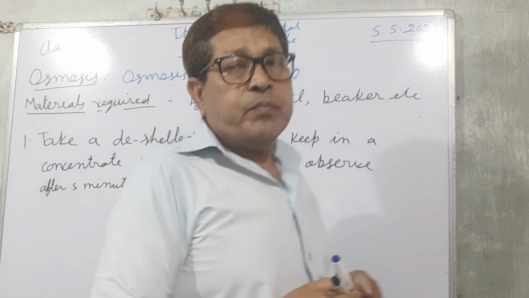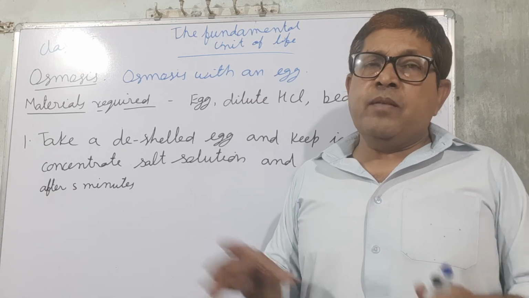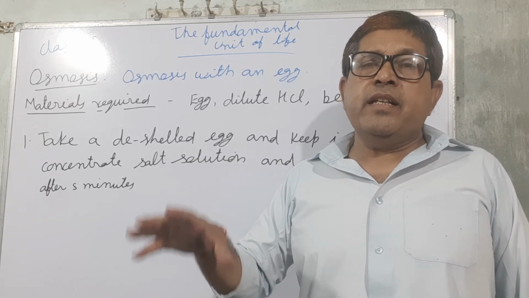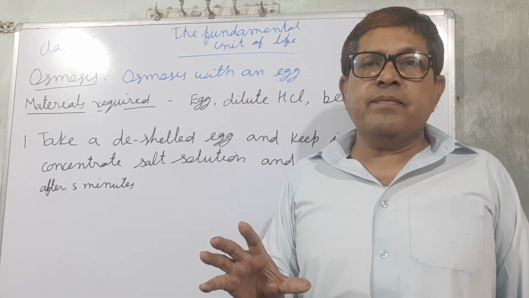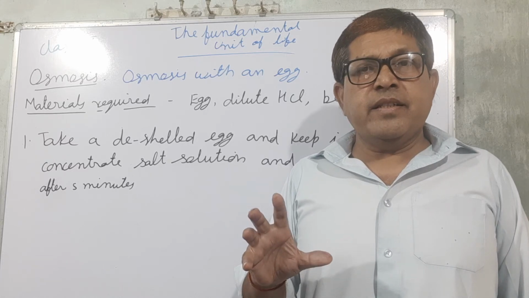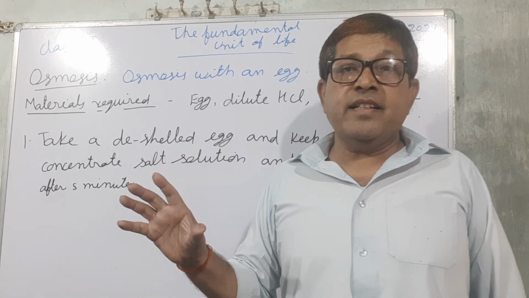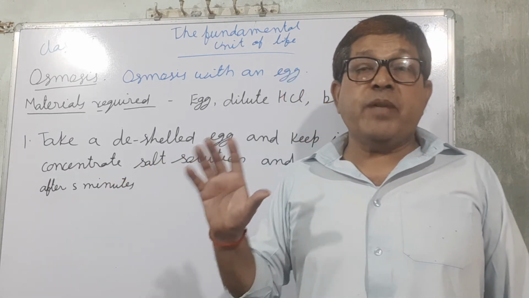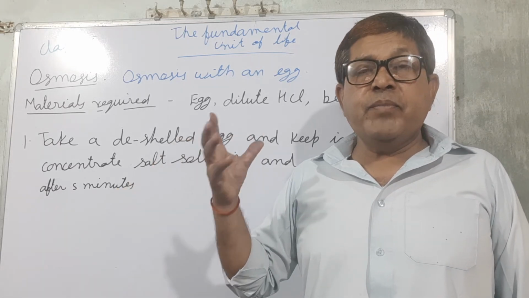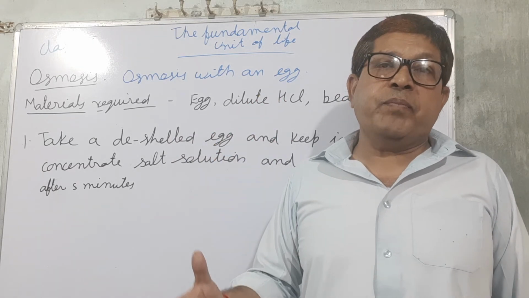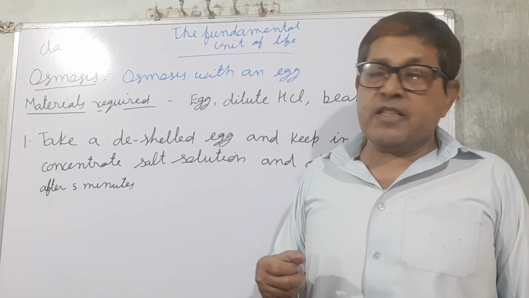In this experiment also, you have to make the egg decelled. How will you make it? By keeping the egg in dilute HCl. The shell, which is made up of calcium carbonate, dissolves, and we observe the plasma membrane, which contains the other cell parts, the cell organelles.